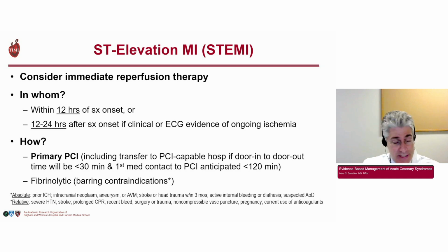Even if your hospital doesn't have a cath lab that does primary PCI, you really should have a system of transfer in place if they come to your facility and not straight to the primary PCI hospital to bring them to the cath lab. If you can't do any of that, if you can't do primary PCI, if you can't transfer them in a timely way, the times are listed there, then you should lyse the patient with the usual contraindications listed in the lawyerly font at the bottom.